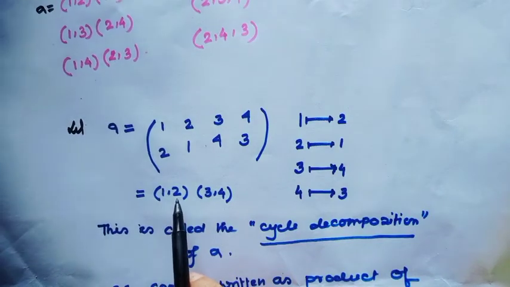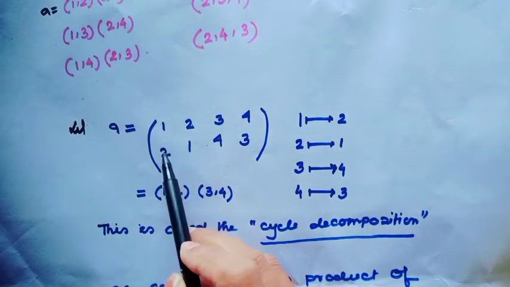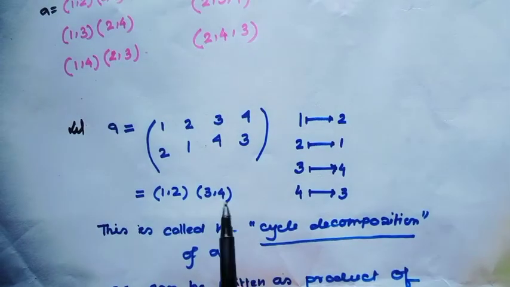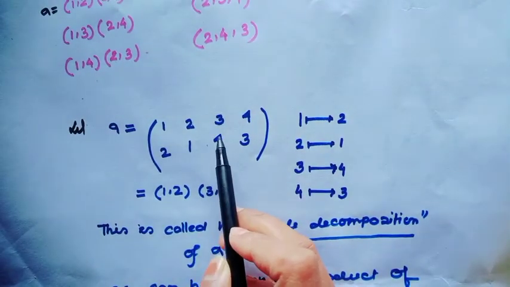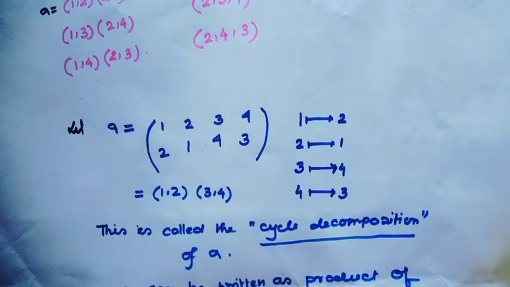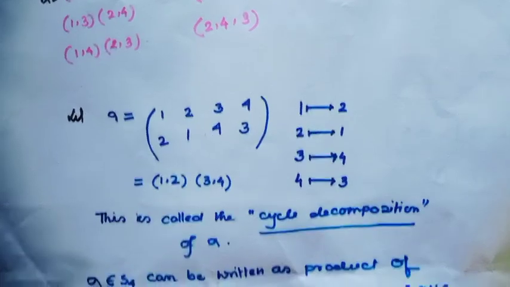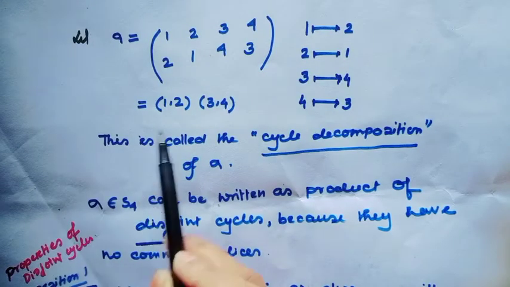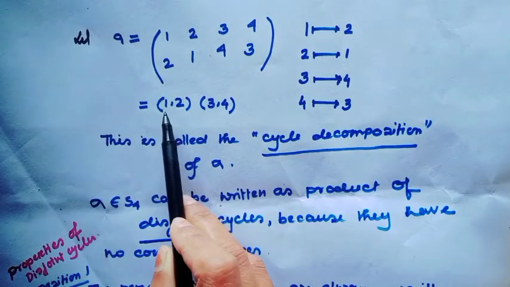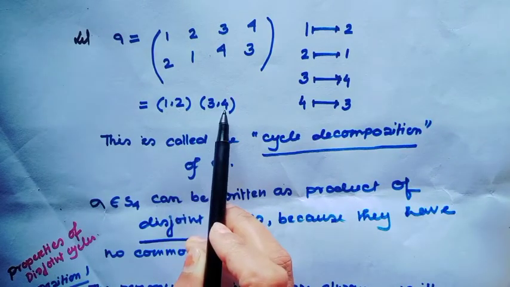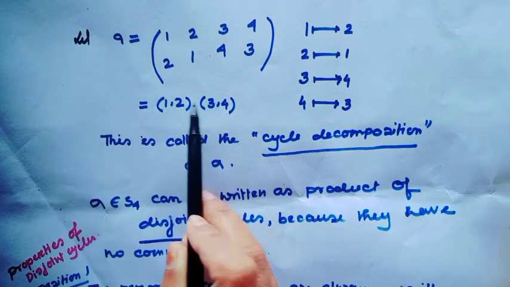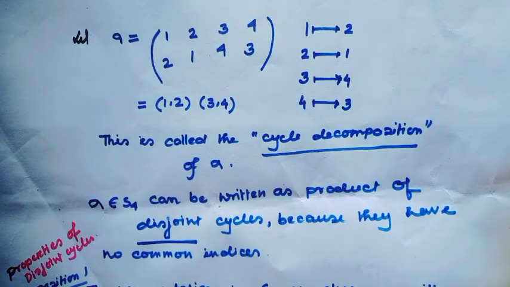The cycle (1 2), because 1 goes to 2 and 2 goes to 1, and the other cycle (3 4), because 3 goes to 4 and 4 goes to 3. Therefore, sigma can be written as a product of disjoint cycles. Why disjoint? Because there are no common indices in these cycles: here 1, 2, here 3, 4. Okay. So this is the disjoint cycle.